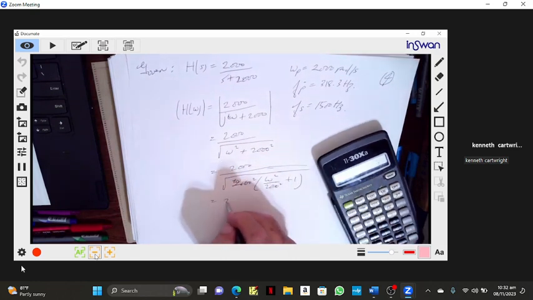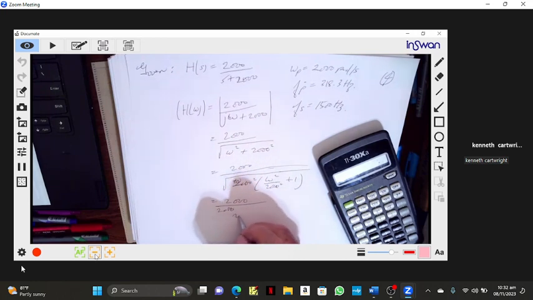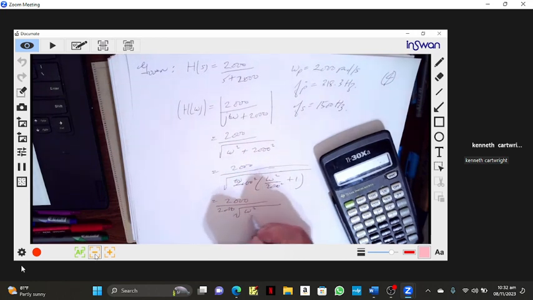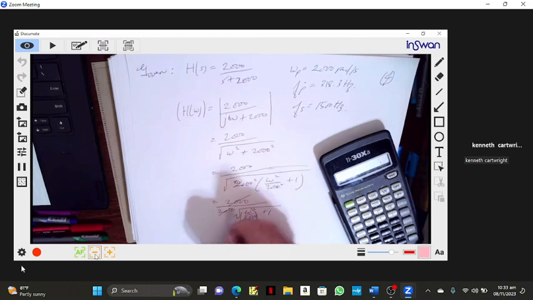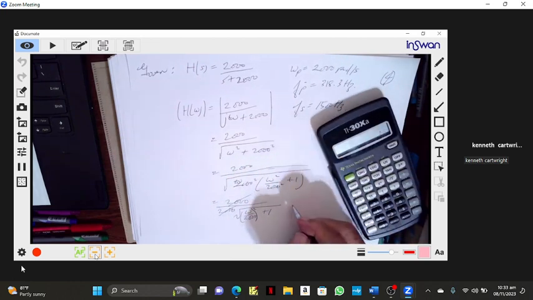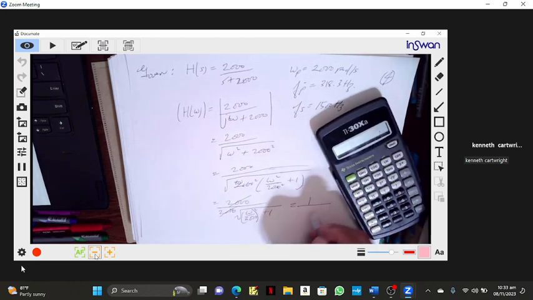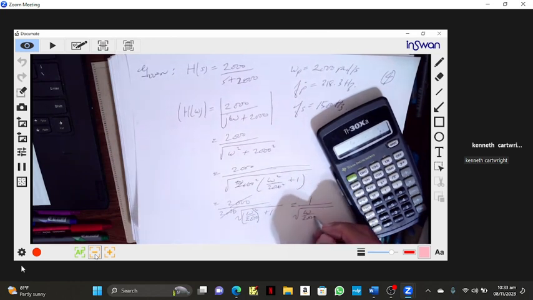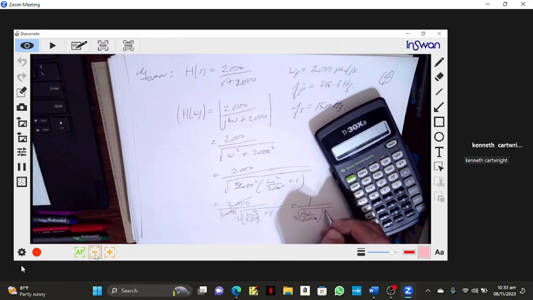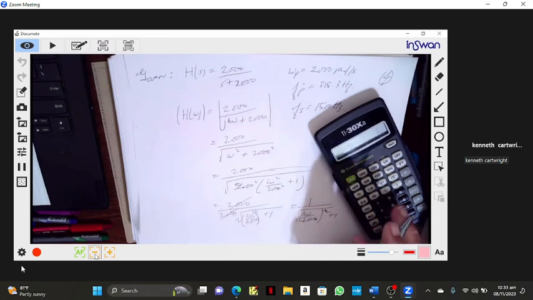So this is 2,000 over 2,000, the square root of omega over 2,000 squared plus 1. 2,000 cancels 2,000, and we are left with 1 over the square root of omega over 2,000 squared plus 1.